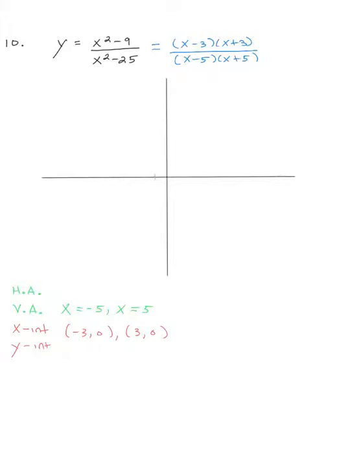So negative 1, 2, 3, 4, 5. That's the location of one of the vertical asymptotes, and 1, 2, 3, 4, positive 5. That's the other. I have an x-intercept at negative and positive 3. And let's see, what else? Horizontal asymptote is going to be the ratio of the numbers in front of the highest powered x term.